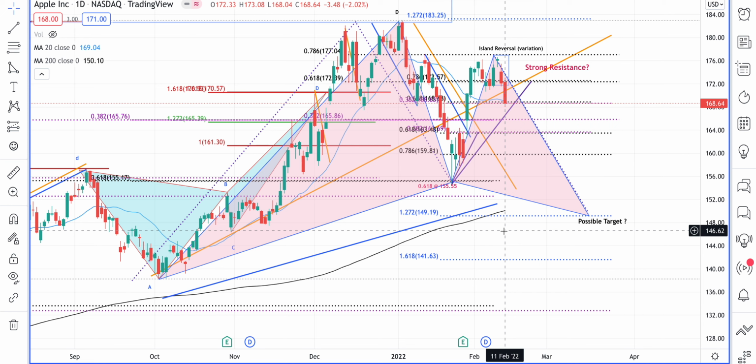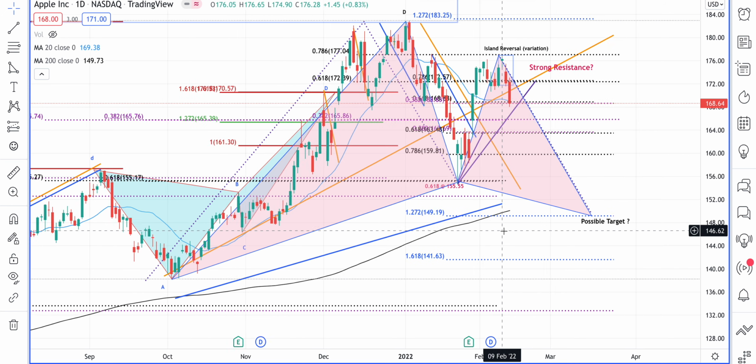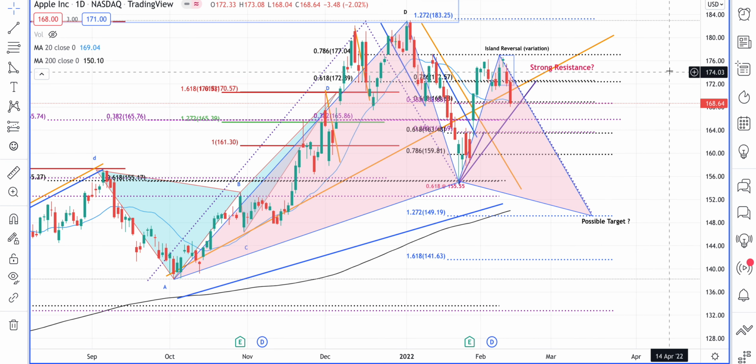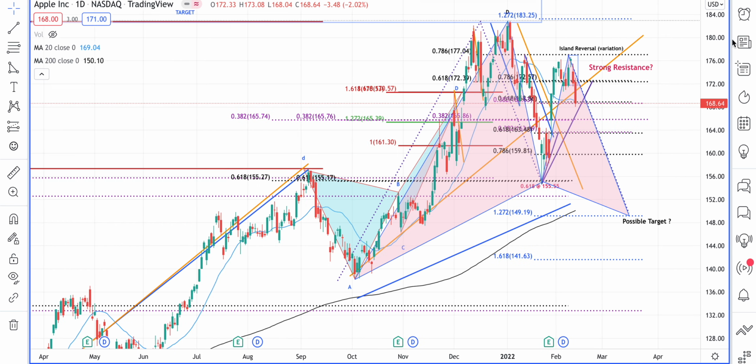And then what could be happening is that we had identified a longer term cycle, and perhaps the longer term cycle might be just taking the stock lower.